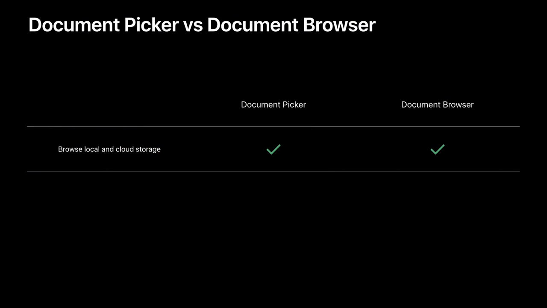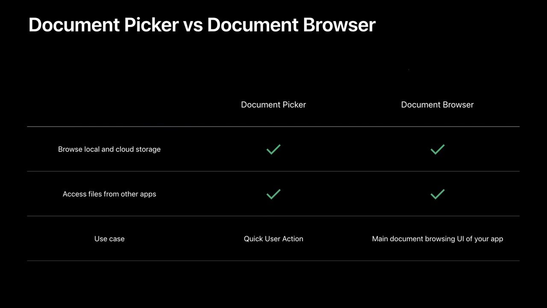What are the differences between these two? Well, both let you browse files stored locally on your iOS device and in various cloud services. And both let you access files from other apps. However, they have different use cases.